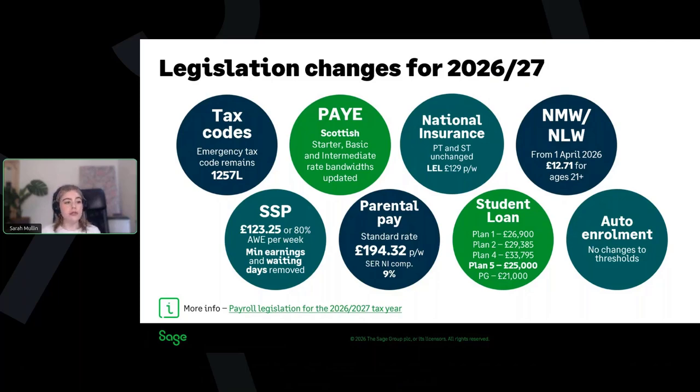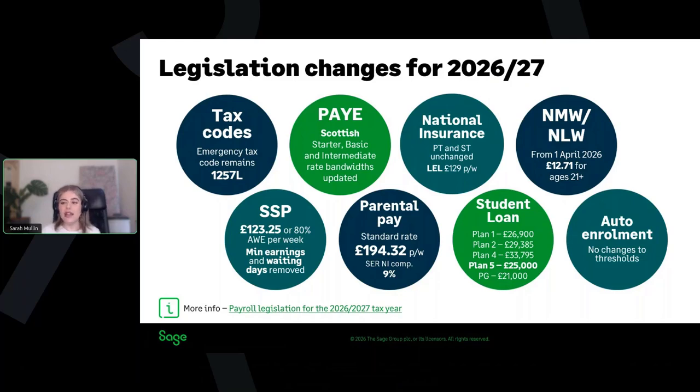We've got our student loan thresholds that have been updated and the introduction of a plan type 5. Our parental pay standard rate has increased to £194.32 and small employers relief NI compensation has increased 0.5% to 9% as well. And last but definitely not least is SSP.